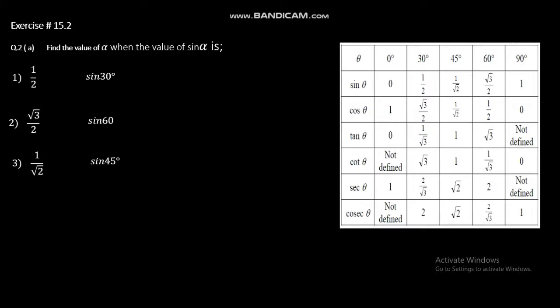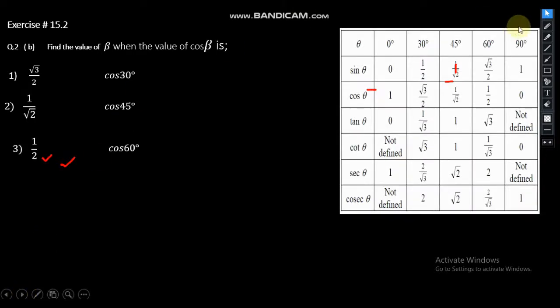Here sine 45 degree is equal to 1 divided by root 2. 1 divided by root 2 actually means sine 45 degree. Sine 45 degree is 1 divided by root 2, which is true. Now next.